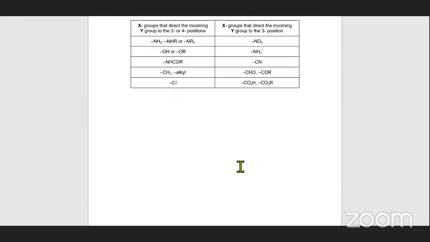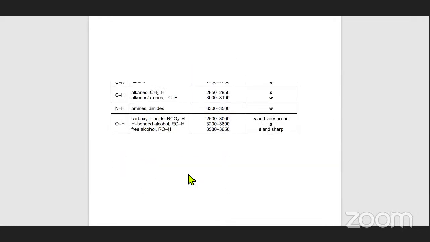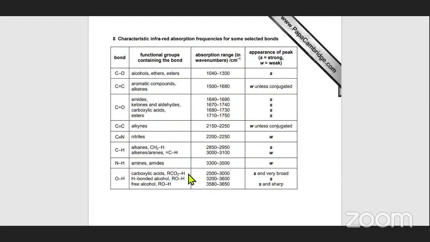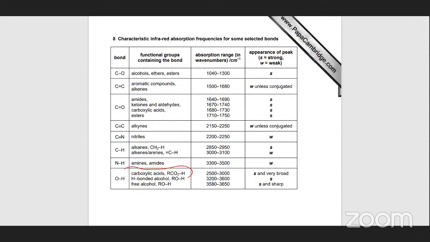The other thing that's uniquely identifiable in your infrared spectrum is your OH, this one over here. The OH bonds are very uniquely identifiable because they have an absorption at around 2500. Now, carboxylic acid is gone because it's going to have a very broad absorption. So we can eliminate carboxylic acid.